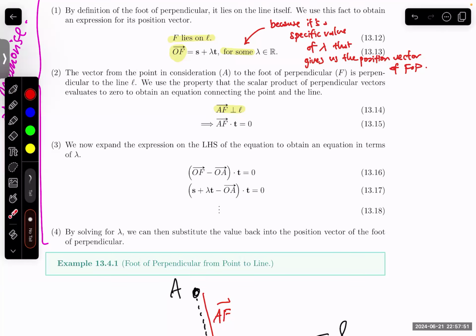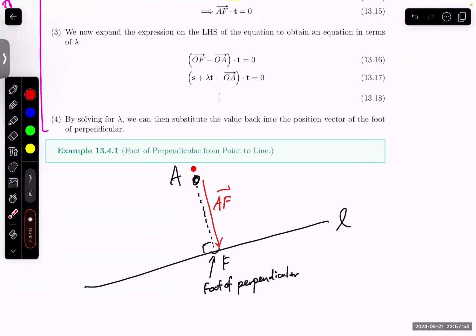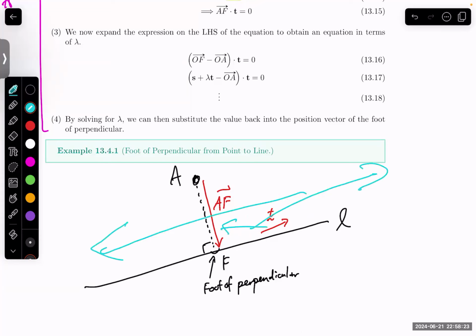Why? Because there's nothing similar about the path to the line. Neither is it dissimilar. It's neither here nor there, right? Like, the direction of the line is here. If your vector is like this, then it's somewhat similar, right? They're kind of pointing in the same direction. If your vector is pointing, let's say, like that, then it's kind of opposite direction, because one points that way, one points that way.